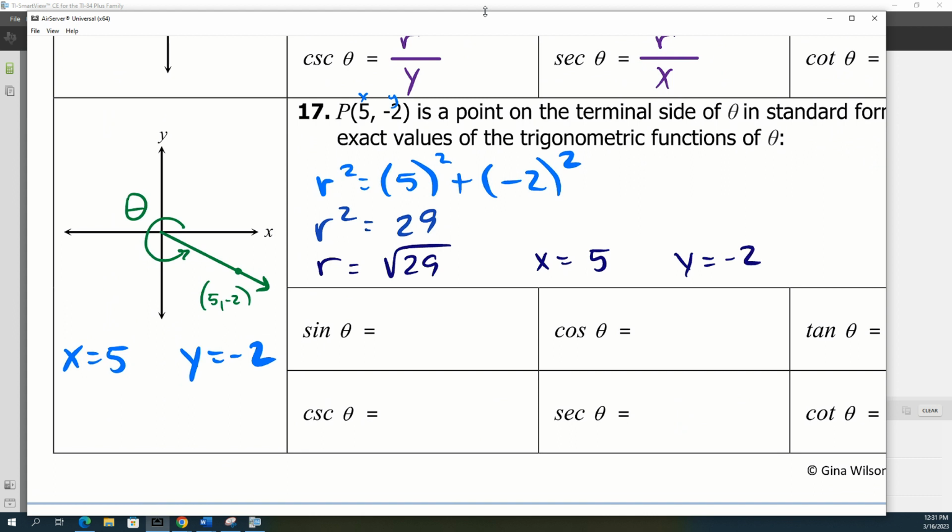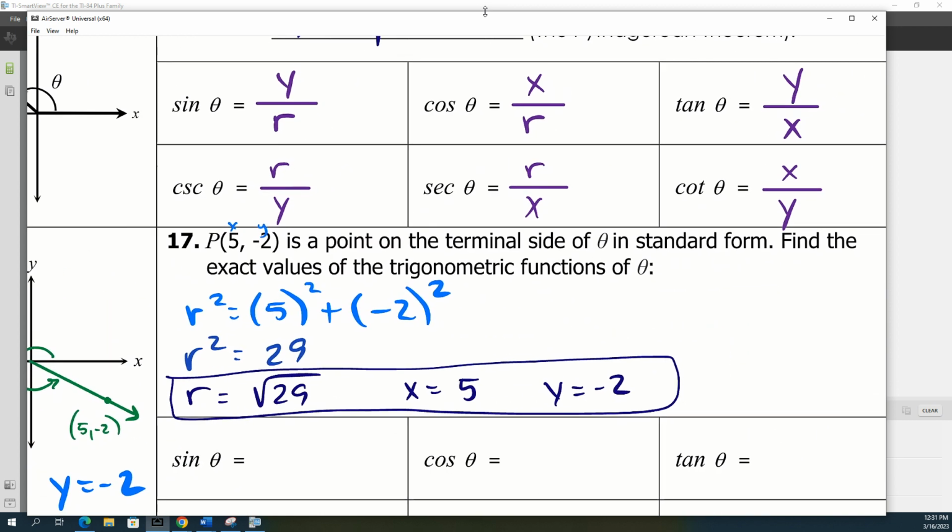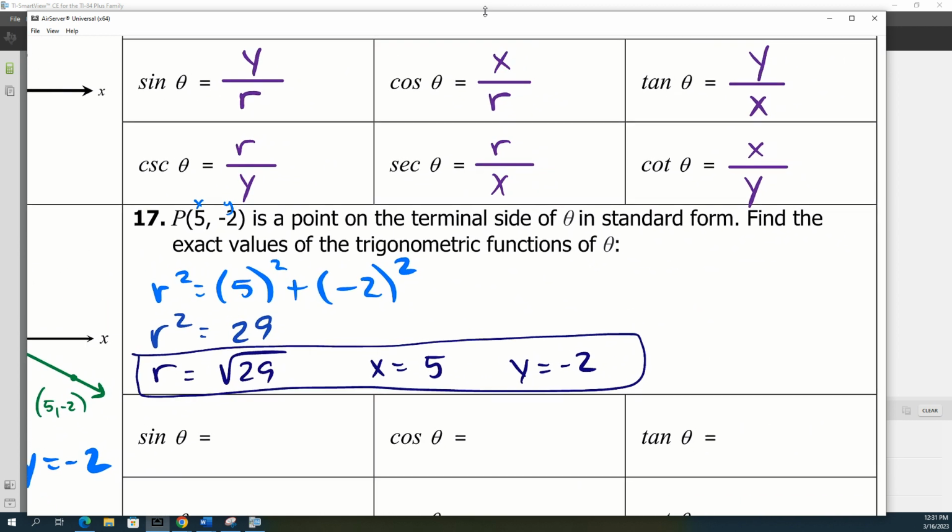So I'm going to take those three values and plug them into these trig ratios. When I go to find the sine of theta, I'm going to take the y, which is negative 2, and put it over r, which is the square root of 29. Now, sometimes you're done. Are we done on this one?